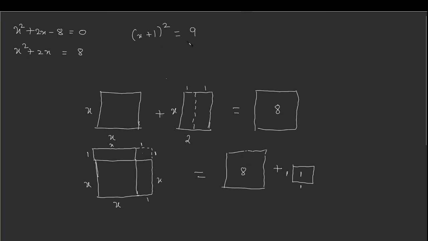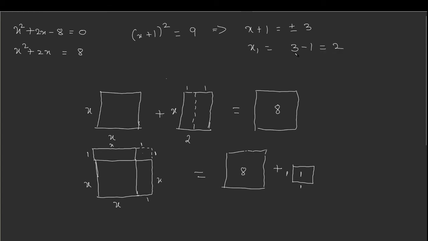Now I will solve this equation. x plus 1 the whole square is equal to 9, so x plus 1 is plus or minus 3, right? And x has two solutions. The first solution, x1, is 3 minus 1, that is equal to 2.